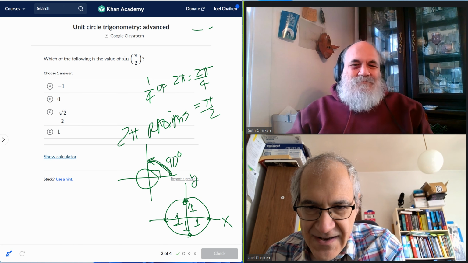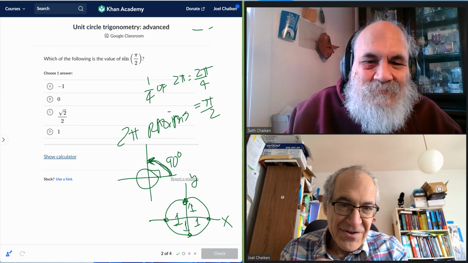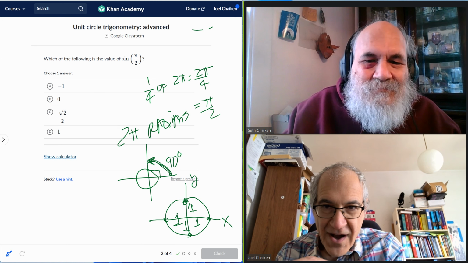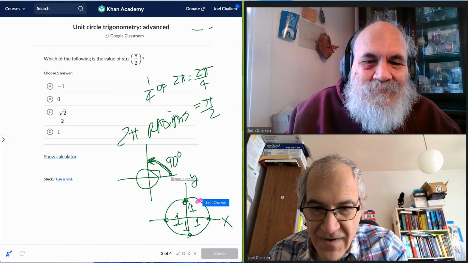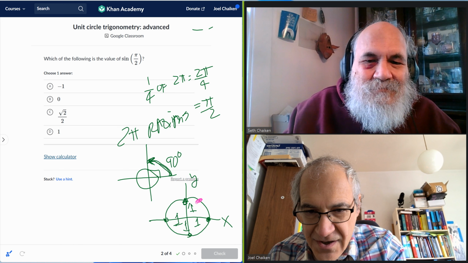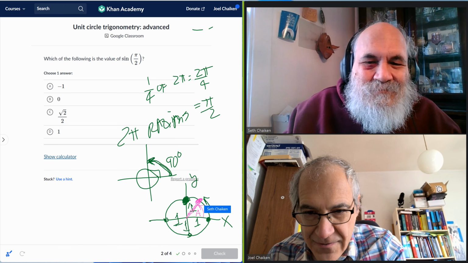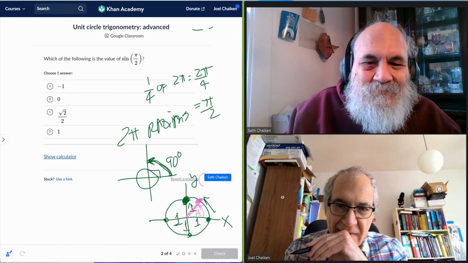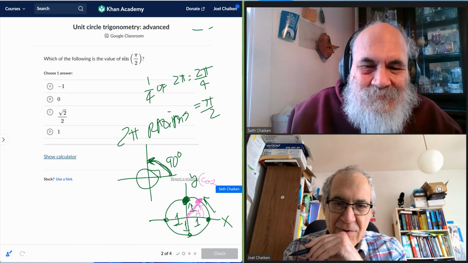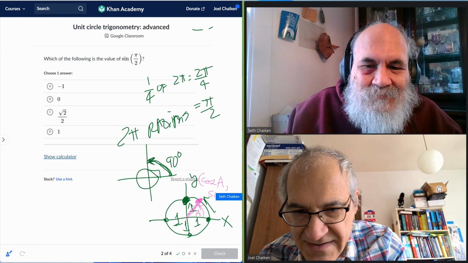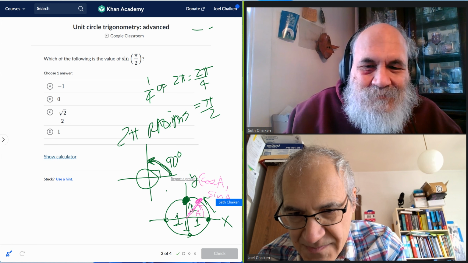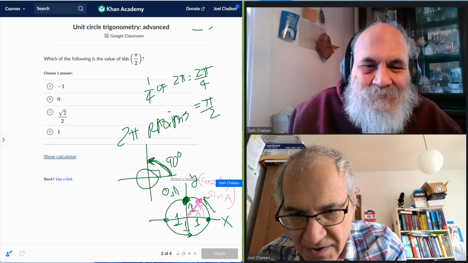This is a 90-degree angle, pi over 2 radians. So we start here, we go counterclockwise, and we end up here. The coordinates of that point, which is actually a y-intercept, are 0, 1.